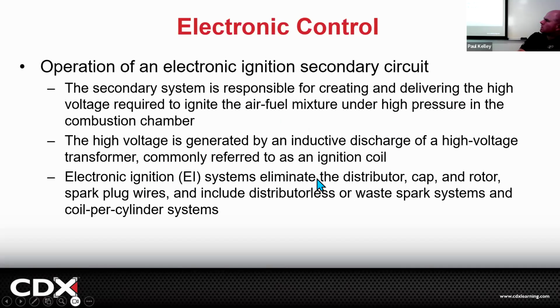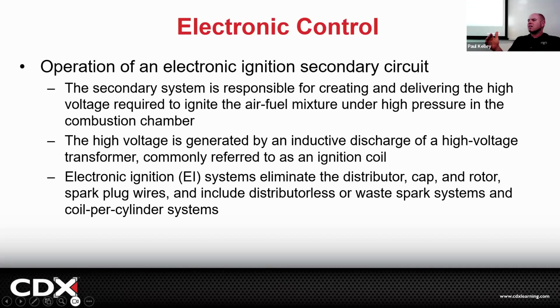Electronic ignition systems eliminate the distributor, the cap, the rotor, the spark plug wires. Wait a minute, we're getting rid of all that stuff. Do you see the trend? So in a full-on electronic ignition, not only do you not have the breaker points, you don't have the cap, the rotor, a lot of the spinning stuff, that's all gone.